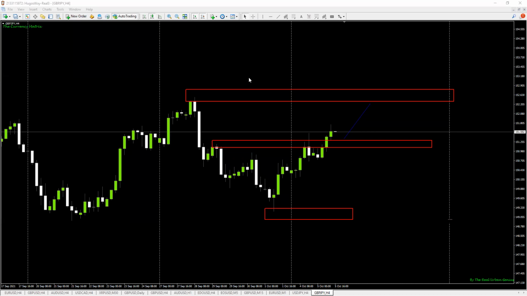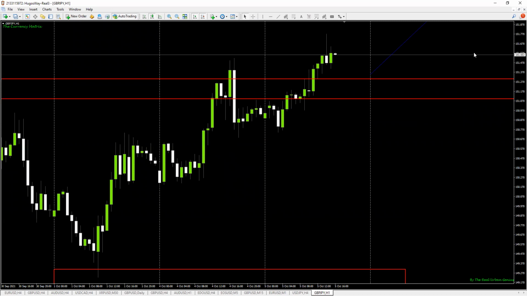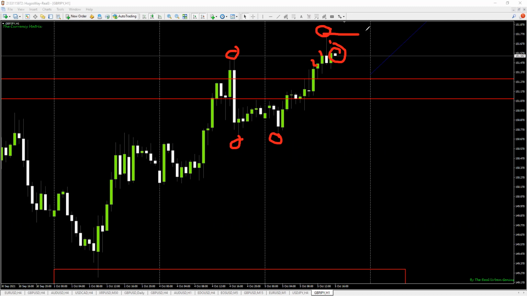So now we could easily just go down to the 1 hour and see what's really going on. All right, here on the 1 hour, we've got a 0, 0, 0, 0, 1, 2, 1. Here's 2. If 2 confirms and holds lower than here, because it is a pound pair, I do know pound is falling. So with this being 0, we've got minus 1, minus 2 to the left.